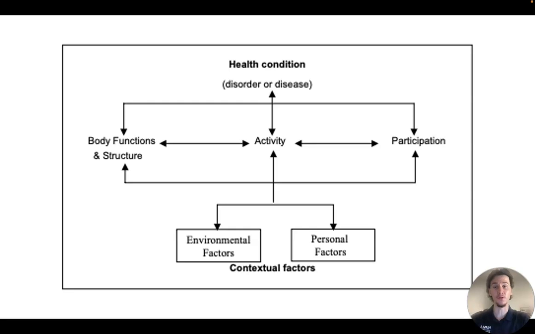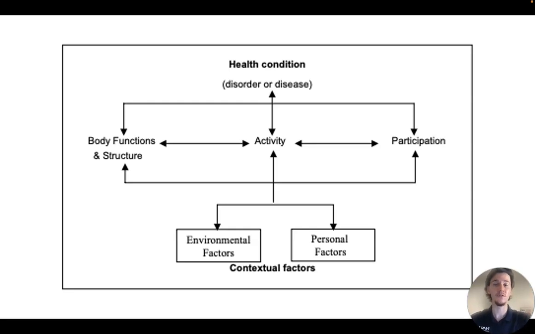So being able to go play in your rec league, being able to go to work, being able to go out and have your societal role. And then contextual factors would be all your personal and environmental factors, your age, your gender, your habits, where you live, what kind of air you're breathing, and everything that might fall under there.